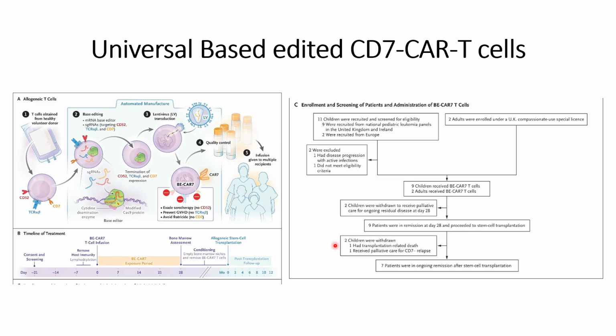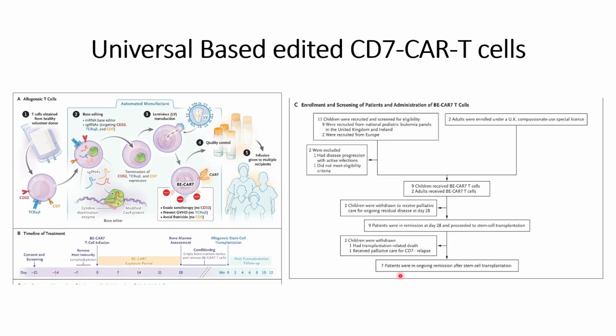And thereafter 2 children withdrew. 1 had a transplant-related death, and 1 received palliative care for CD7 relapse, as the CD7 T cells needed to be re-infused into the patients.